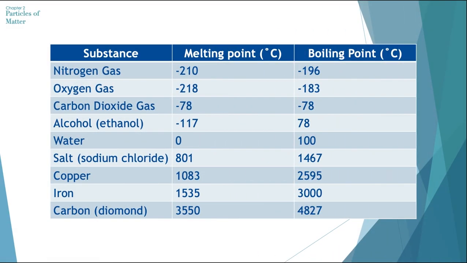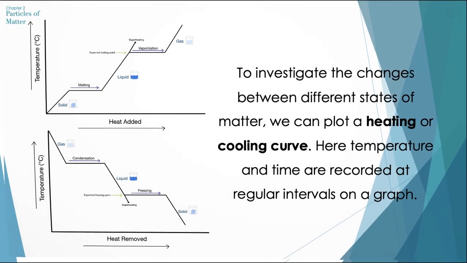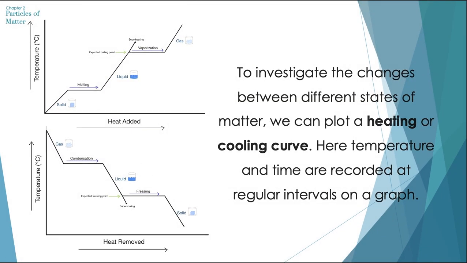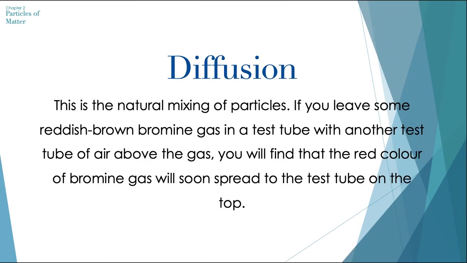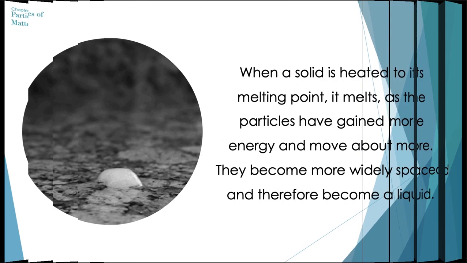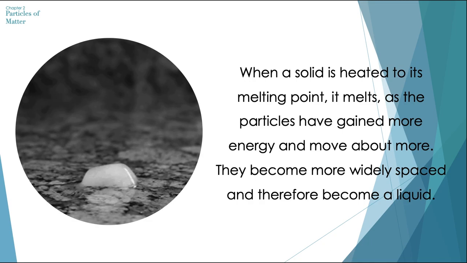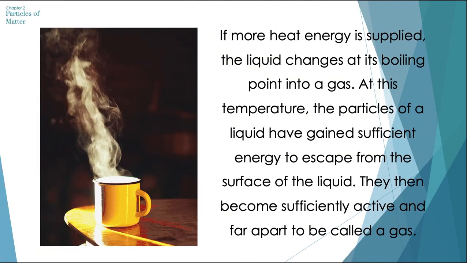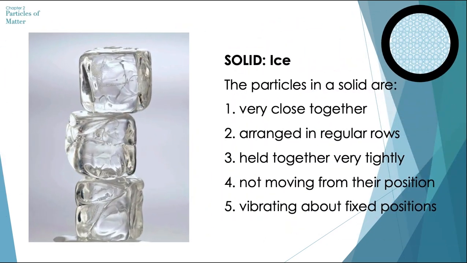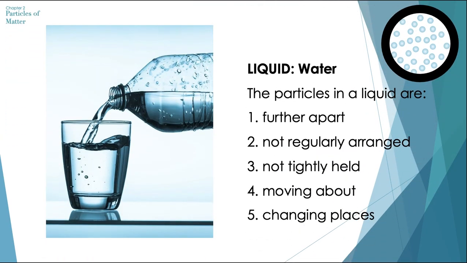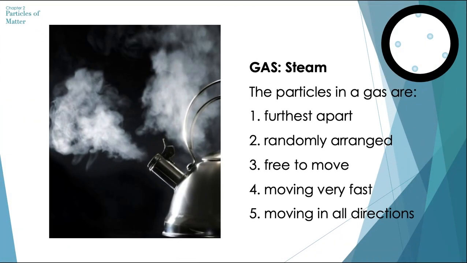We saw different substances and their melting and boiling points. We learned about the cooling and heating curve. Then we saw the evidence of particles, including crystals and diffusion. Then we saw the kinetic theory of particles on the move. And lastly, we saw the arrangement of the particles of solids, liquids, and gases.